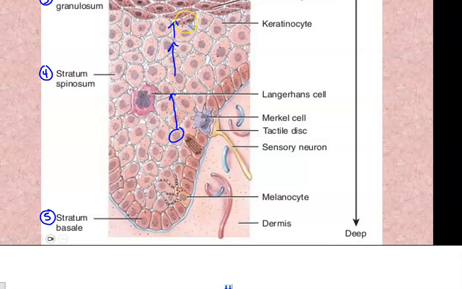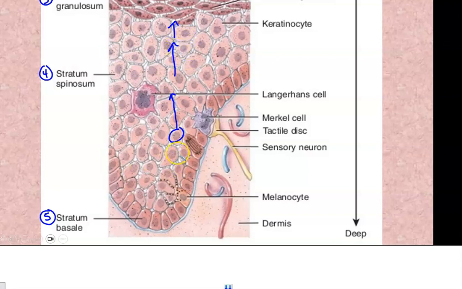As they're getting pushed towards the surface, they're going to be making more and more keratin, and eventually there's going to be so much keratin in the cell that the cell will completely fill up with keratin and die. So basically your keratinocytes are committing suicide as they go up, and as we get to certain layers you have nothing but dead keratinized cells layered out to protect you.